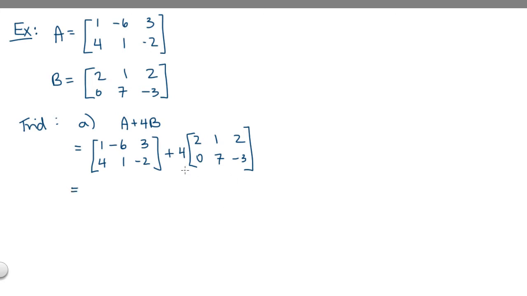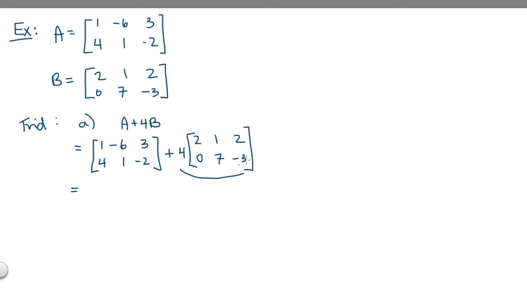And just like with real numbers, we're going to do the multiplication before the addition. So we're going to think about what 4 times B really means here. Whenever we have a number multiplying a matrix, we just go through and multiply each element of our matrix by that number.